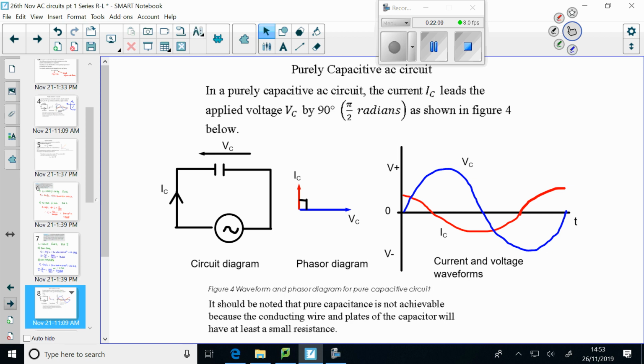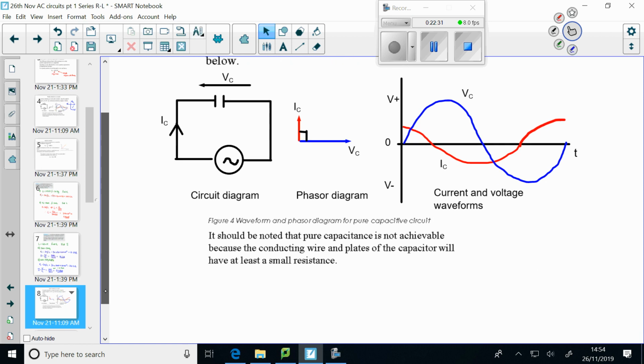Here the voltage is the blue waveform, in phase at 0 degrees, and the current peak is 90 degrees ahead of that for the voltage. Alright. It should be noted that that's not achievable because of the resistance of the conducting wires and leads.